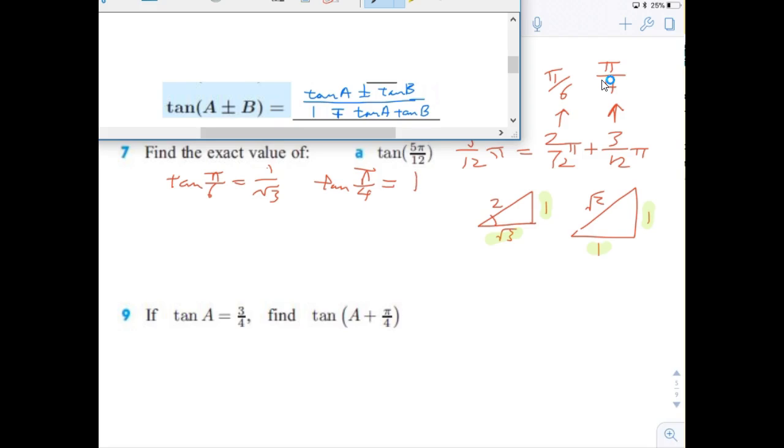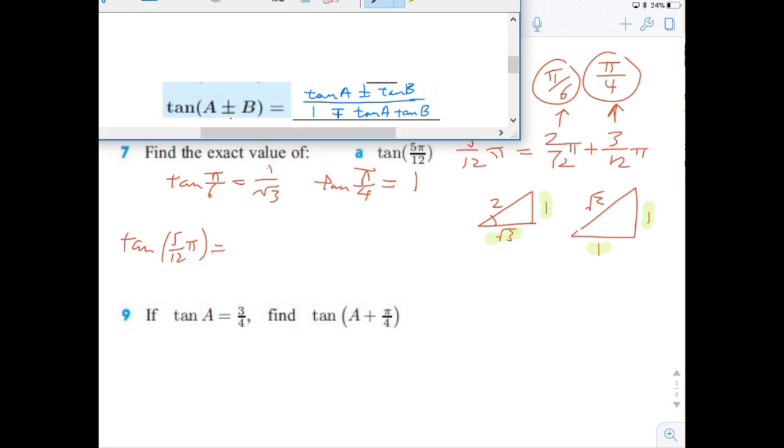So now I'm going to fill in this formula here. We're going to have tangent of 5/12 pi, because 5/12 pi is equal to pi over 6 plus pi over 4.